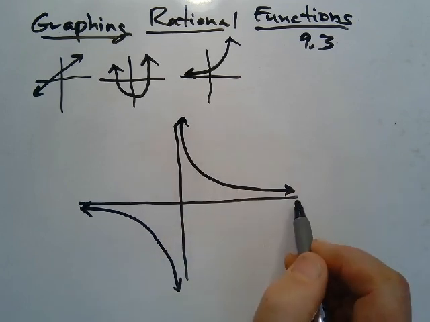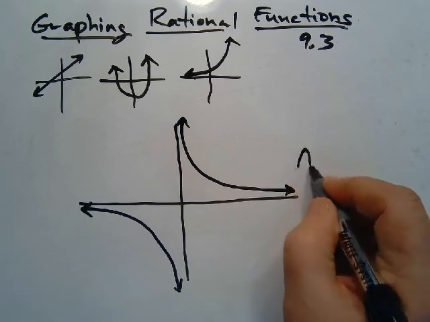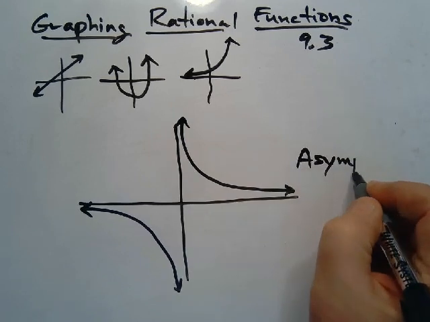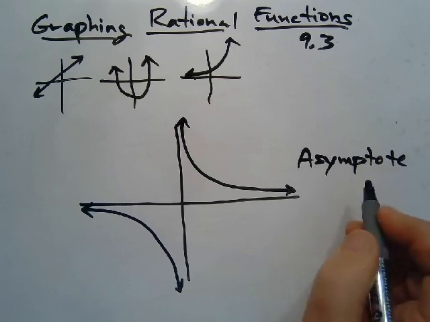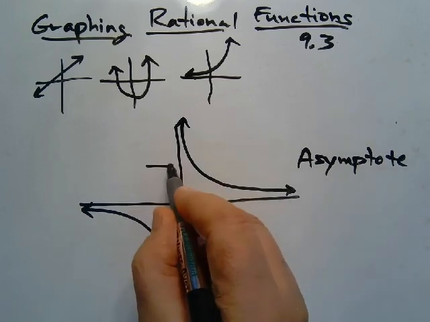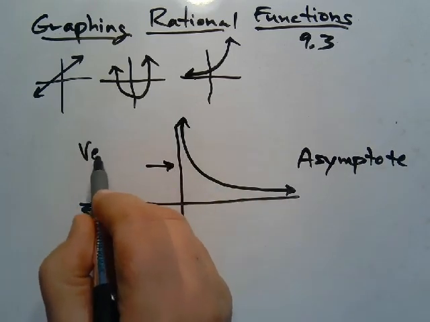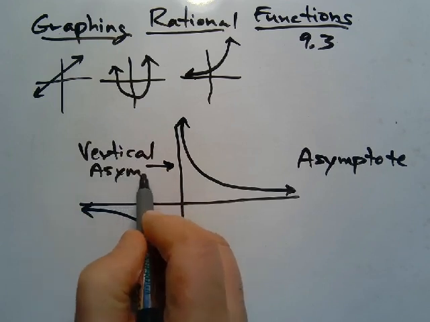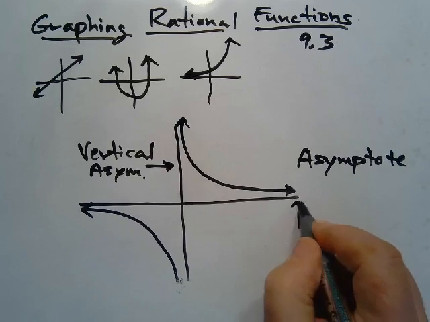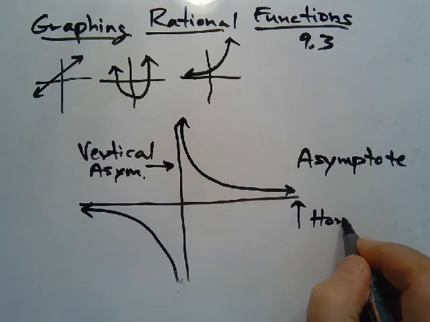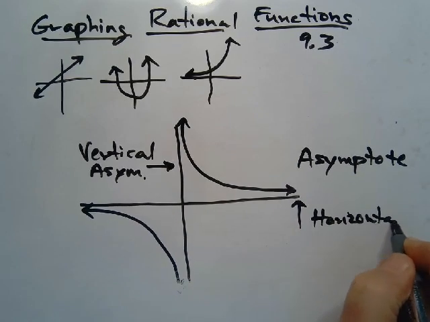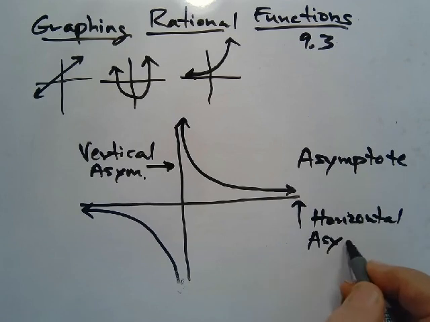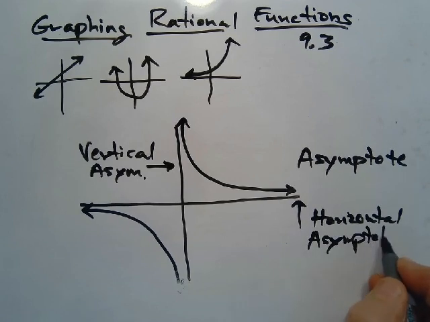They tend to approach a line, and we call that line that it approaches an asymptote. This particular one right here is the vertical asymptote. Vertical asymptote. I'm going to write the whole thing out. And this one here we would call the horizontal asymptote.